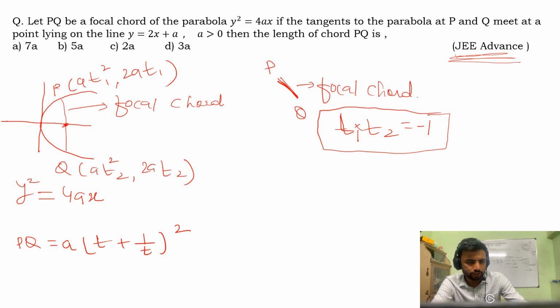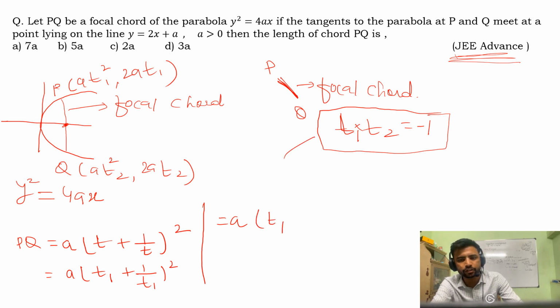If I consider t1 instead of t, then a will be as it is, and from this relation, 1 by t1 will become minus t2, and the whole square is as it is. So the focal chord is a into t1 minus t2 whole square.